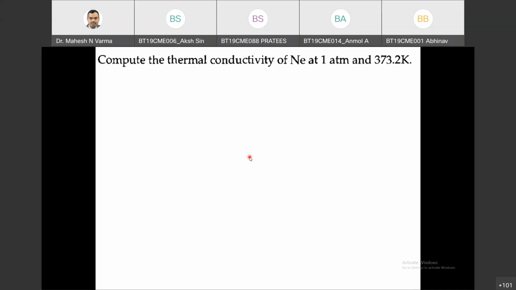Very good, excellent. That is the first way. The second way is an empirical equation. Which equation? Chapman equation. Okay.